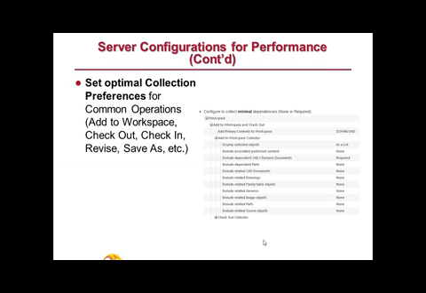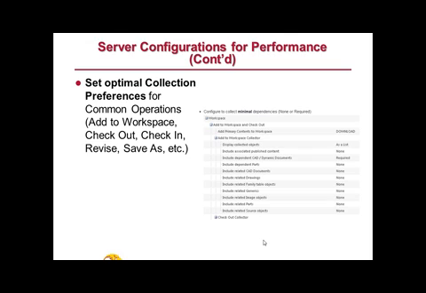If you are a Windchill user, you might have already noticed the common operations in Windchill, like add to workspace, check out, check in, revise, and save as. Everything comes with a default collector. What that collector does is collect the dependencies of the file which you have selected initially.